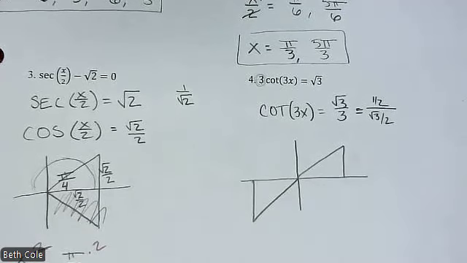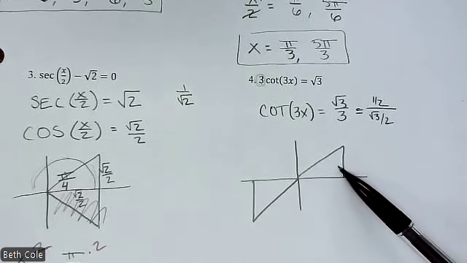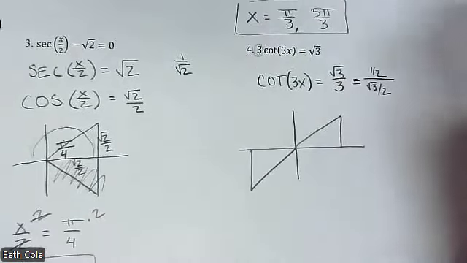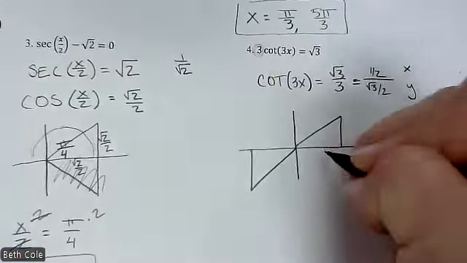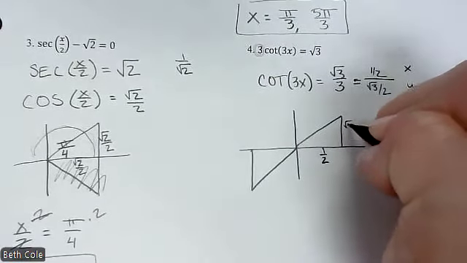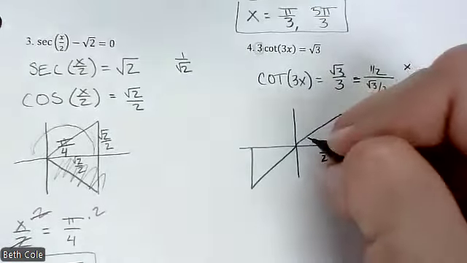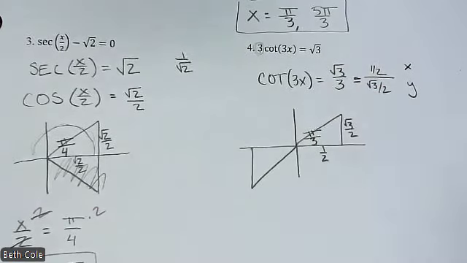That's how I remember. So if it's positive, it's got to be in quadrant 1, and then the one across. If it's negative, you would get these two. All right, cotangent is x over y. So the 1/2 is the x, the square root of 3 over 2 is the y. So our angle is pi over 3.